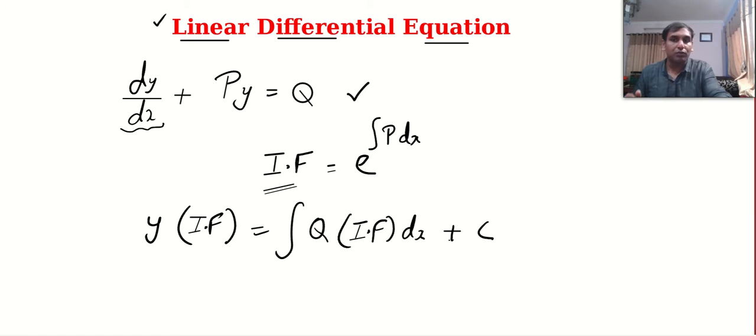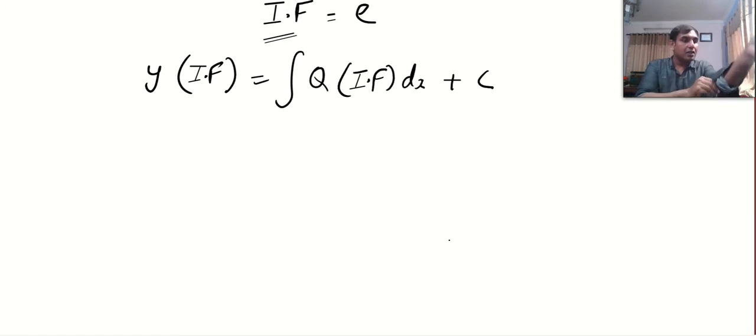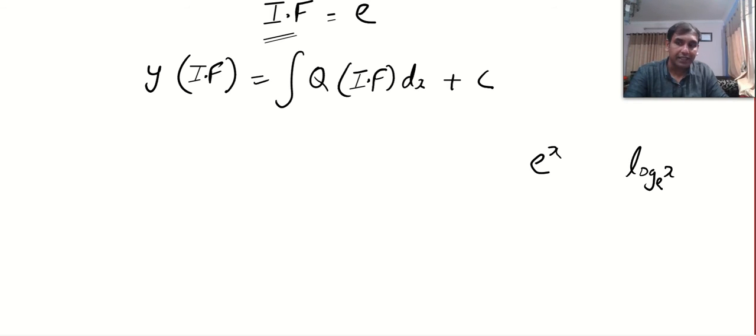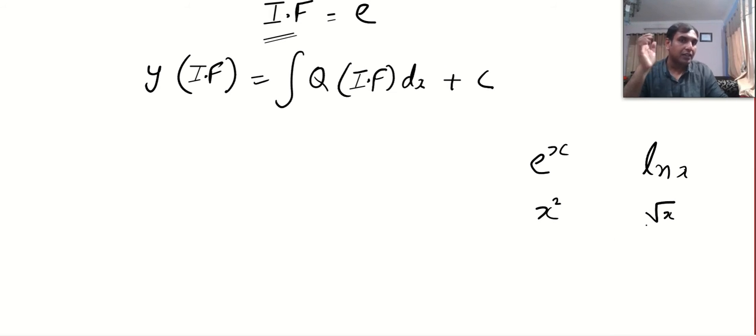Now let's go for an example. By the way, I hope you remember the functions e^x and log x, strictly speaking log x to the base e, or ln x. These are inverse functions, just like our squaring function and square root function, just like our trigonometric function sin x and sin inverse x.